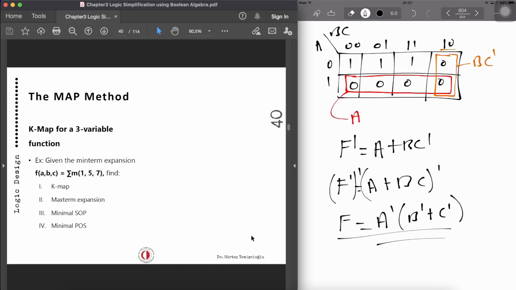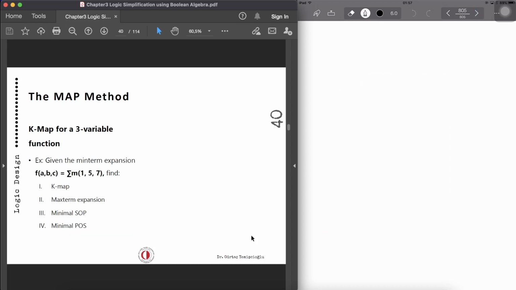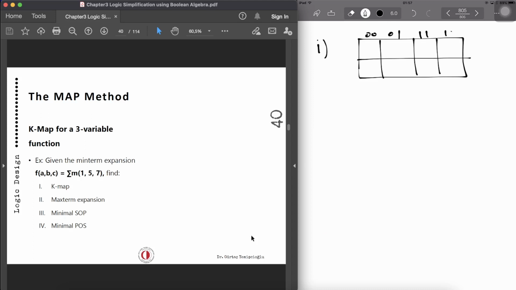Okay, another example. We have got minterm 1, 5, 7. Draw the K-map. Okay, so the first step is drawing the K-map. We have got ABC again.